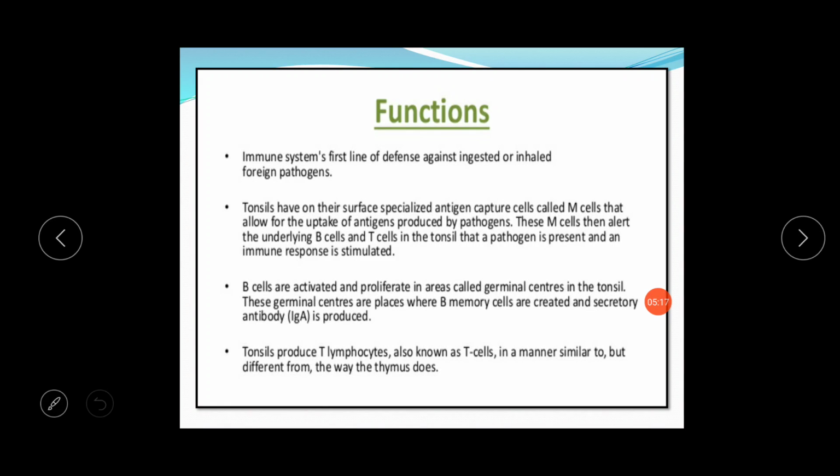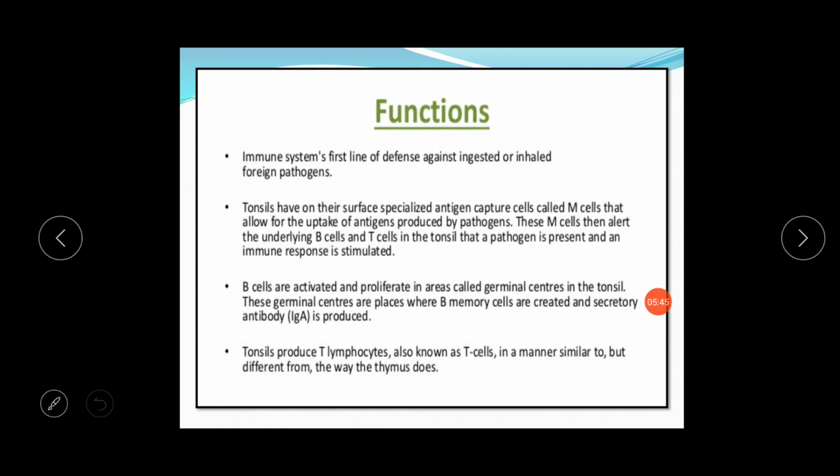They allow for the uptake of antigens produced by the pathogens. So whenever there are pathogens present in the food bolus or inhaled air, these M cells capture them, and after that they alert the B cells and T cells. So they start the immune mechanism against that particular antigen, and a response is given by our immune system.